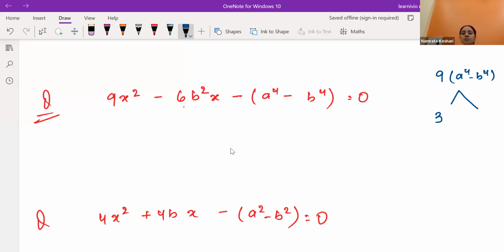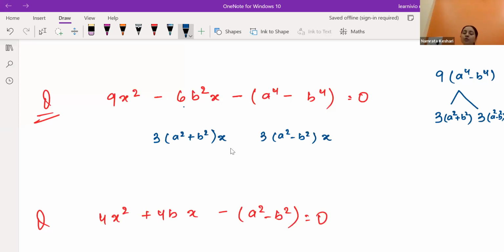So 3 times 3 and 3 will create 6. Right, Zoha? Yes. We will write that 3 a square plus b square will be there along with x, and 3 a square minus b square will be there, of course, along with x.